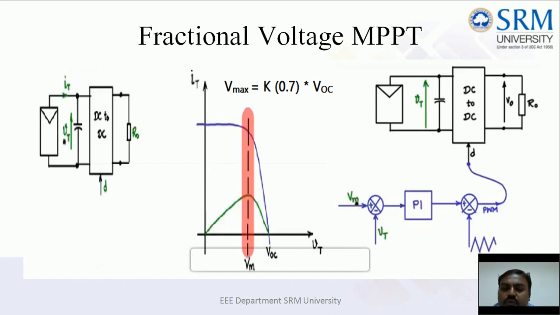So you can use that algorithm, called the fractional short circuit current MPPT algorithm. These two techniques are very simple in nature. For an application like pumping, where the speed of the pump does not matter that much, for a simpler application, we can use the fractional voltage MPPT algorithm or the short circuit current MPPT algorithm.